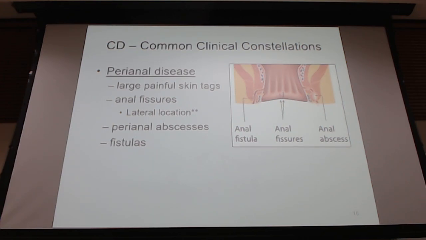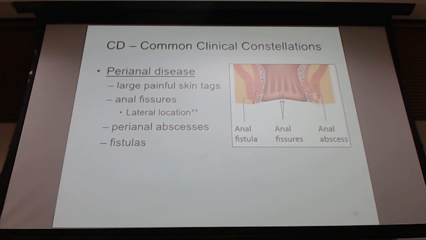If anal fissures are there, they're not going to be anterior or posterior, they're going to be lateral. If we were to look at the rectum as a clock, we're going to be looking at 3 and 9, not 12 and 6. Pretty clear on that? 3 and 9, they're localized laterally. So there are any number of flavors along with abscesses as well as fistulas, but we get concerned about those fissures. So fistulas and fissures, you should be thinking of Crohn's.